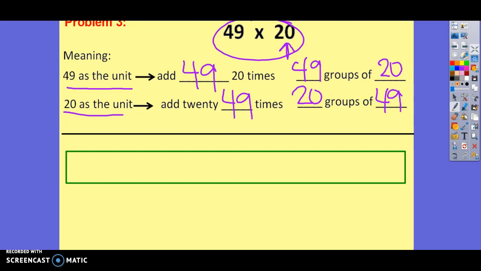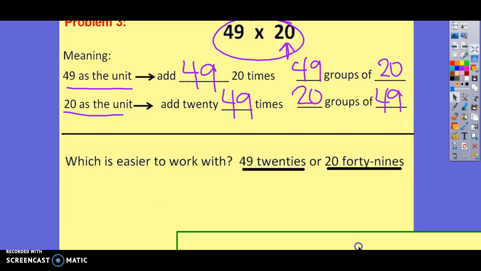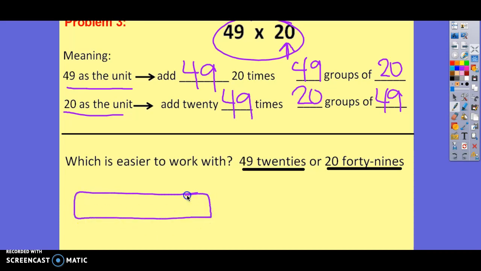If we wanted to write that as an expression, we can help ourselves by writing which is easier to work with, 49 20s or 20 49s. If you had 49 20s, you would look something like this in a tape diagram. 49 20s, that's our unit. All these 20s all the way down, there'll be 49 of them.